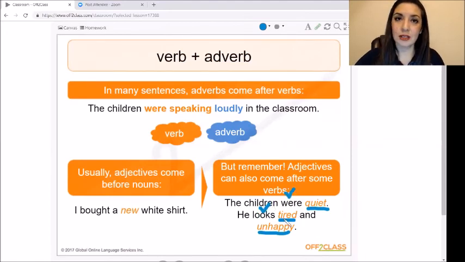So many sentences can be constructed like that, where you have the subject, the verb, and then an adjective. And that's a sentence. So be mindful that the rules are flexible, and however, usually the adjective can and will come before the noun. And sometimes in sentences, it will look like this.